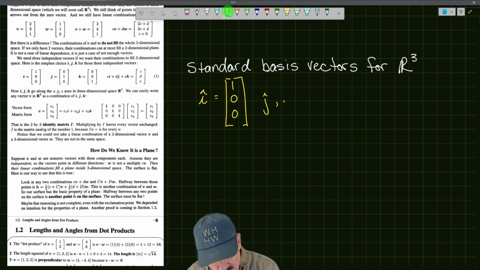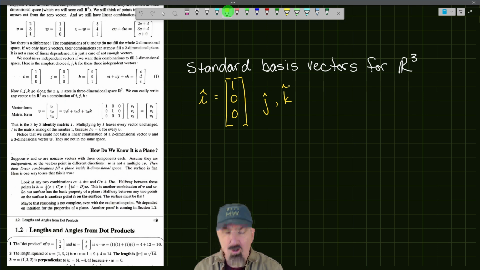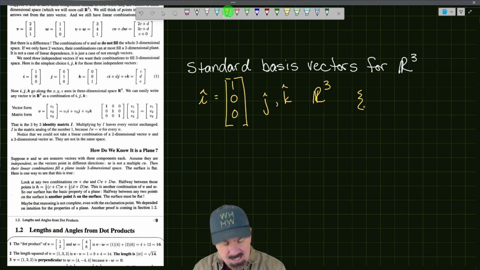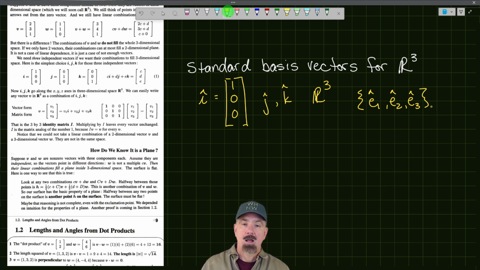And then similarly, you know what j hat and k hat are. Those are the standard basis vectors for vectors that are in R3. I want to make a note to you that you can see these in other situations written as e1, e2, and e3. These are also used as a representation for the standard basis vectors in R3.